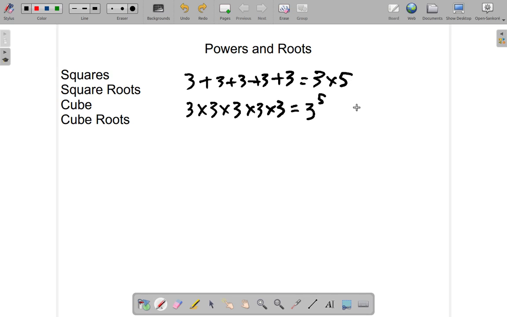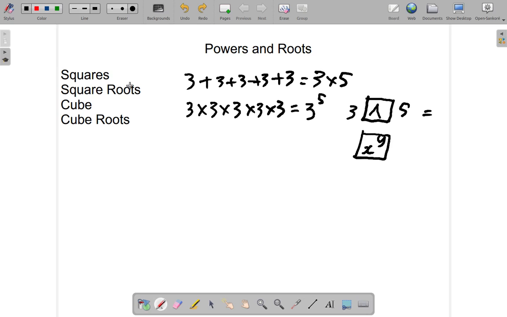And the way you do this on the calculator is press the button 3. On some calculators there's a button looking like that, and then 5 equal. On other calculators you will see this, x to the power of y.